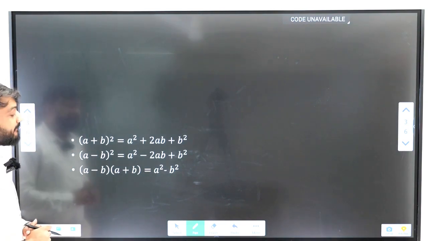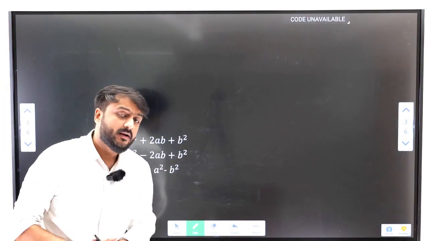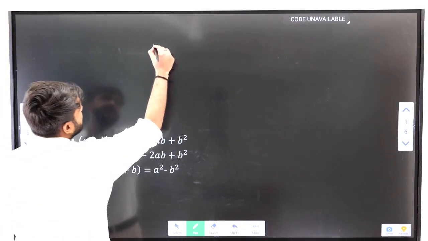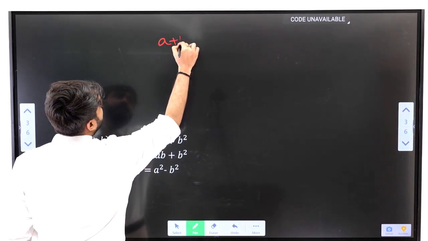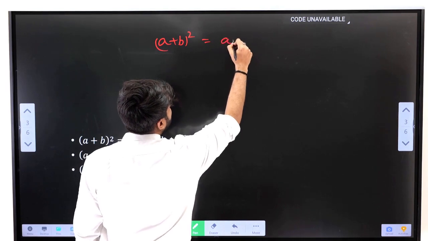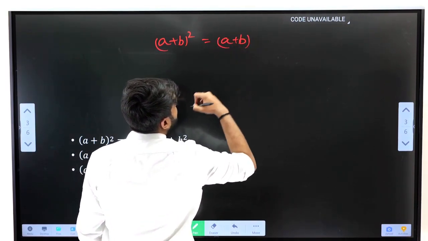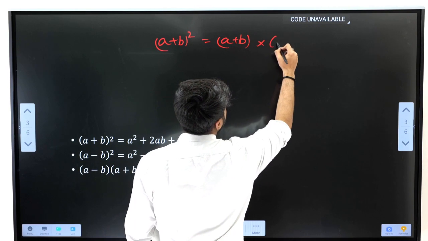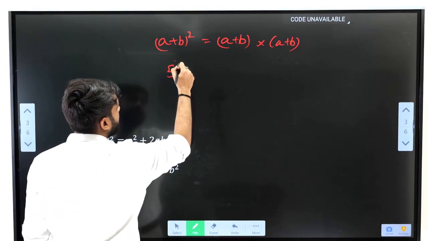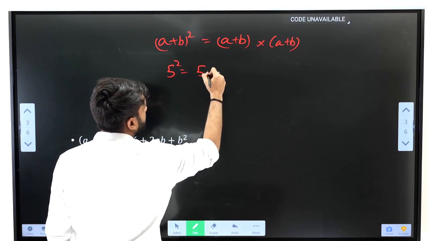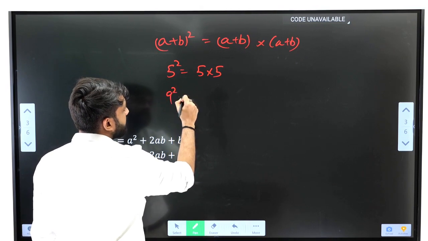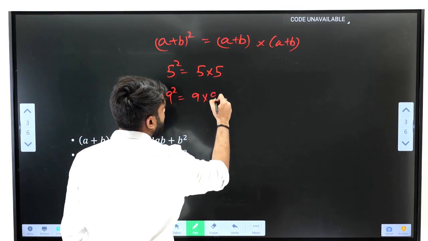Now this brings us to (a plus b) the whole square is a square plus 2ab plus b square, right? Basically, this identity (a plus b) the whole square means that this bracket a plus b is getting multiplied by itself, just like how 5 square is nothing but 5 into itself, which is 5 into 5, or 9 square is nothing but 9 into itself, or 9 into 9.